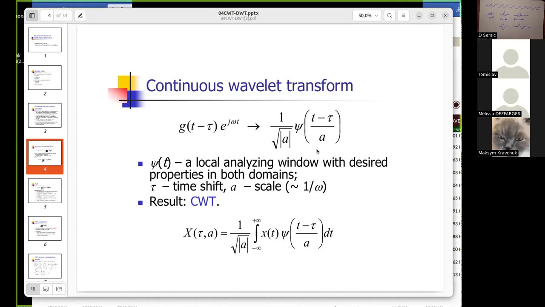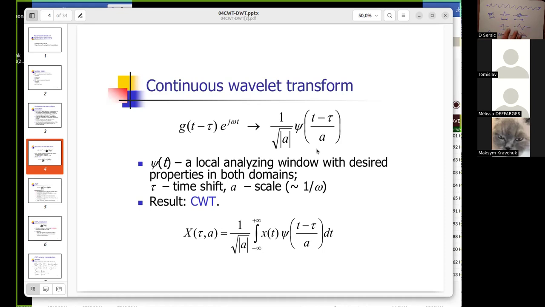Or it can be maybe a Gaussian multiplied by sine and cosine, and it can look like this. But it is localized in time.